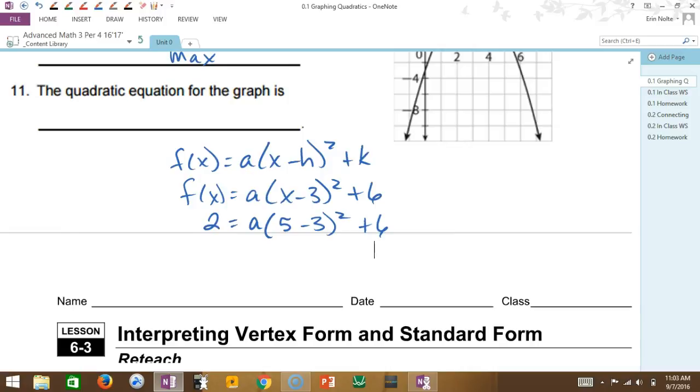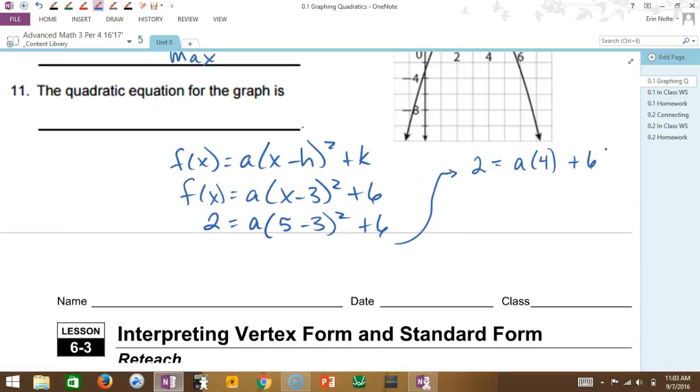Can I do 2 steps in one and say 5 minus 3 is 2, 2 squared is 4, and just call that 4? You guys follow me. I'm going to go up here because I'm running out of space. So I got 2 is equal to a times 4. I really hate that it says a4. I really want to write that as 4a, but since it's on that side, I'll leave it there.